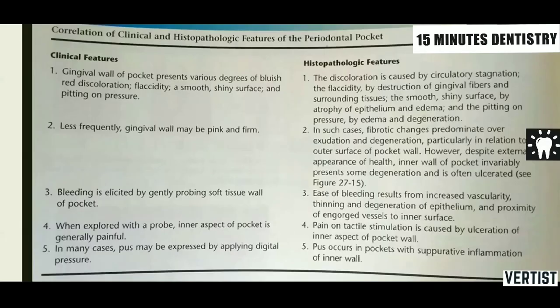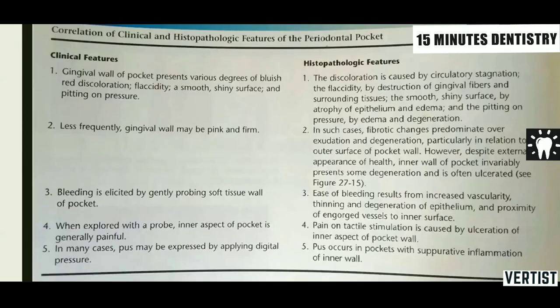When destruction goes on, our body tries to repair those changes, and when there is exudation and degeneration going on, fibrosis again starts on the other side. That is why sometimes you will see edematous pockets, sometimes you will see fibrous pockets. Does that mean the gingiva has become pink and firm, there is no pocket? No, these changes are taking place on the outer surface. So inside there is a pocket. So you need to probe the gingiva carefully.